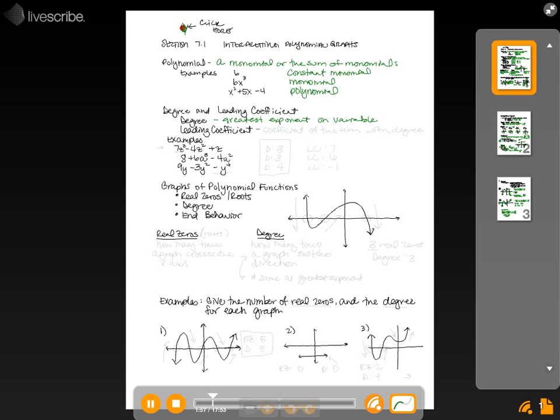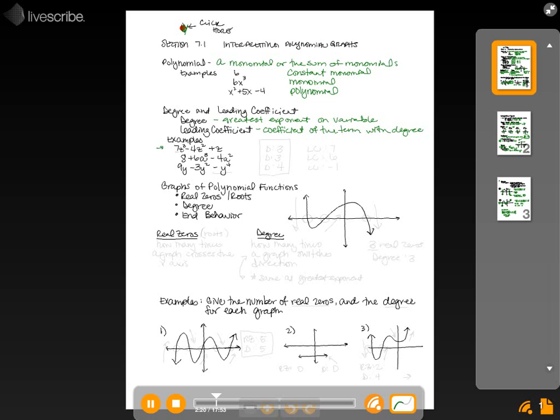The leading coefficient is the coefficient of the term with the degree. So it's just the number out in front of where we get the degree from. We get 3 examples here, and for each one I want you to give the degree and the leading coefficient.